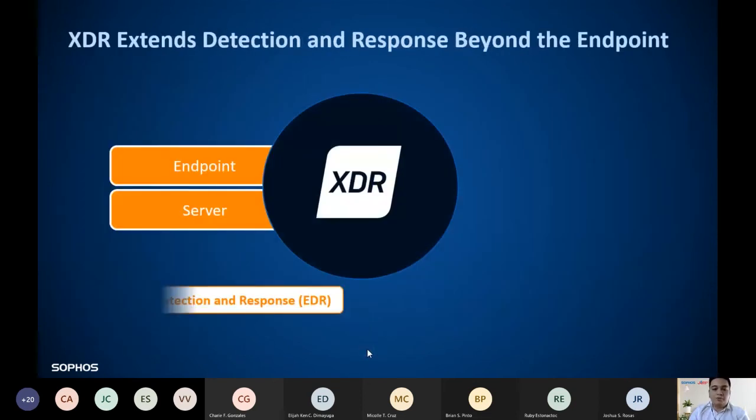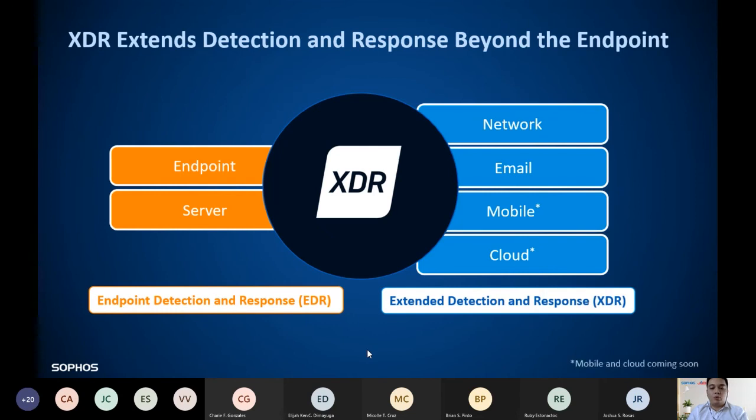Previously, if you are familiar with EDR or endpoint detection and response, it had the scope of endpoint and server. That's the previous technology that we have. But because we now have extended detection and response, which is by default Intercept X Advanced with XDR, you have visibility for the network layer, the email layer, the mobile, and the cloud.